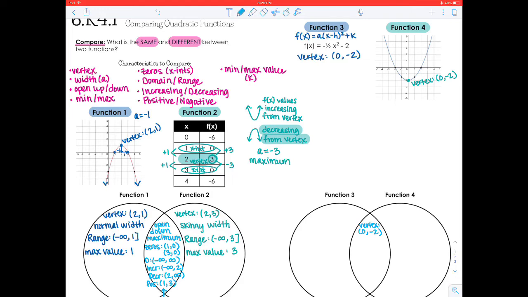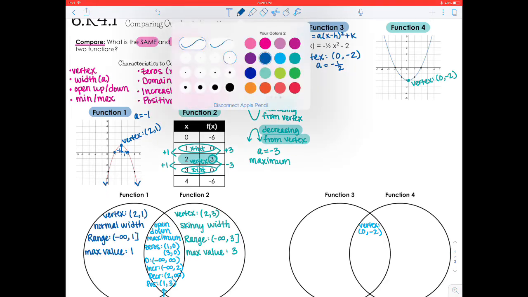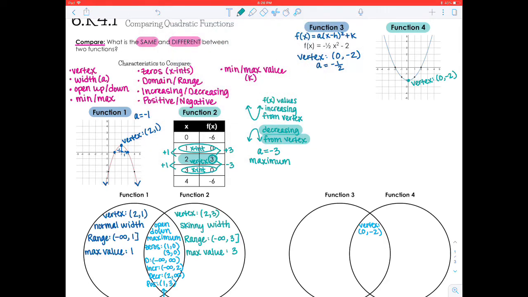We know on function 3, we can also identify the a value. A is negative 1/2, which means that this will open down and get wider since a is a fraction. We might just want to make note of that, a is negative 1/2, so we remember those features when we put them in the Venn diagram. But we need to determine a on the graph. So starting from your vertex, we want to calculate the rise over run to that next point over.